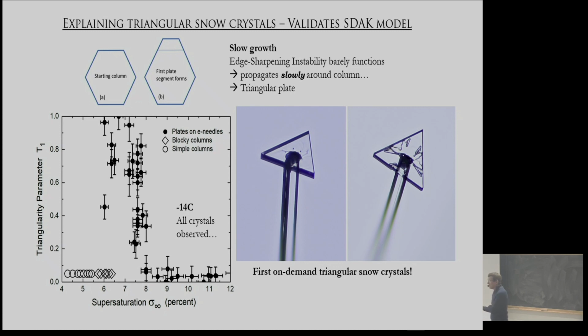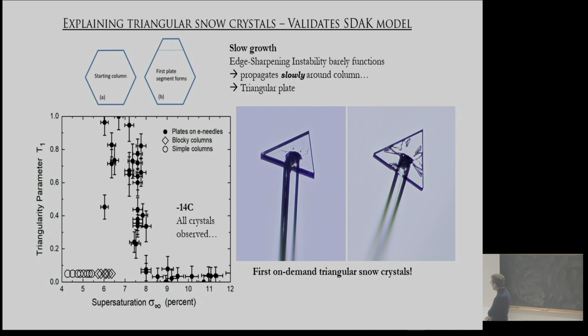When I first built this apparatus, one day I saw one of these growing off on the bottom somewhere, and I took a picture of it. It was the only one I ever saw. I put that picture up on the wall, wondering what the heck happened that day that I had a triangle. In hindsight, that was years ago, I just happened to get this exact condition.